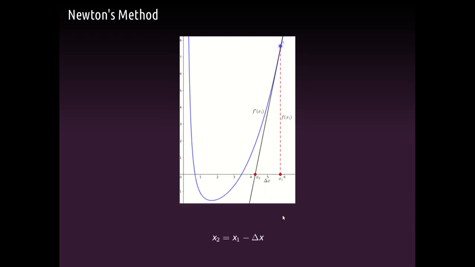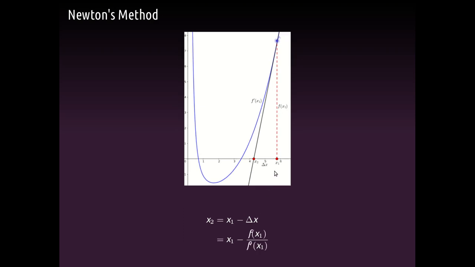Now, if we want to find exactly where the value of x2 lies, it is simply equal to x1 minus what we call delta x, this distance here, the distance between x1 and x2. And we can calculate delta x by dividing the value of f of x1 by the tangent value, f dash of x1.